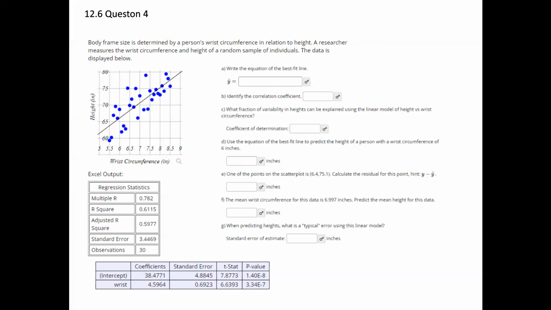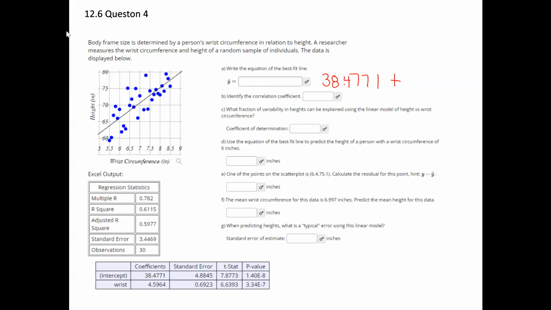So the first value in my regression equation is 38.4771 plus the slope for the wrist, because for every inch larger your wrist is, your height grows by 4.5964 inches.